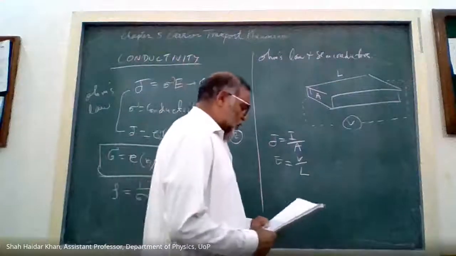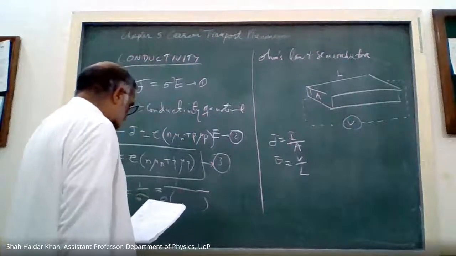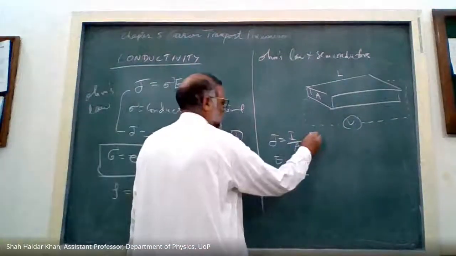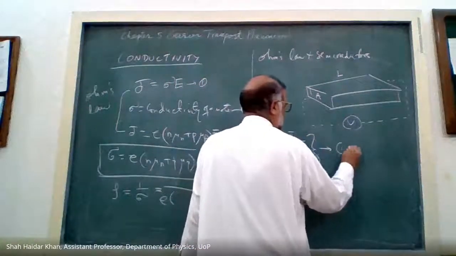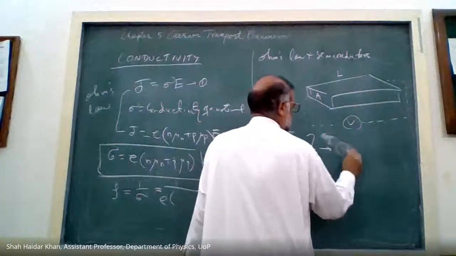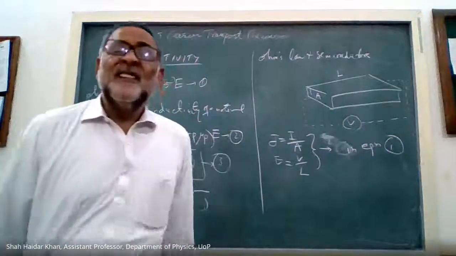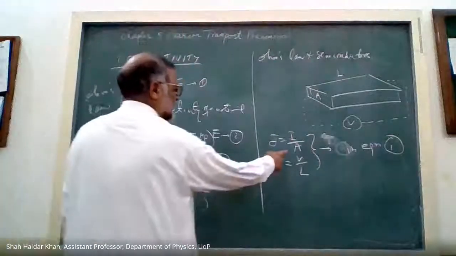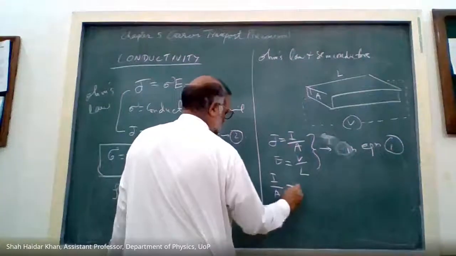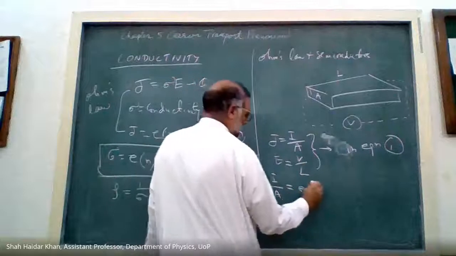Now if we put these two in equation number 1, J is equal to sigma E, so I by A is equal to sigma into V by L.